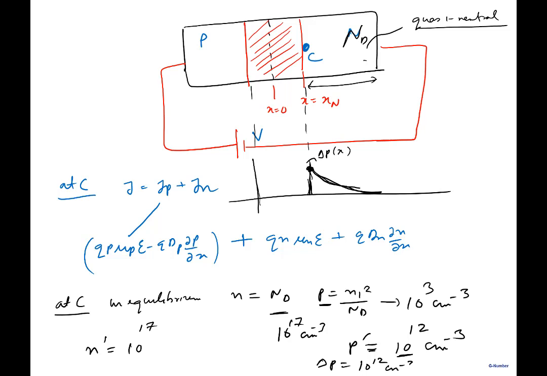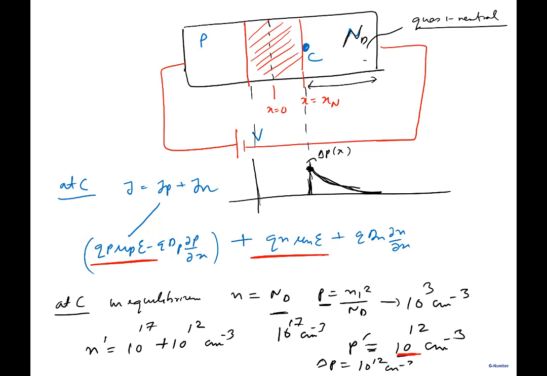Similarly here, N dash equals 10 to the power 17 plus 10 to the power 12. N dash also increases to neutralize it because the region is neutral. So if this is the situation, with 10 to the power 12 here, look at this component and look at this component.